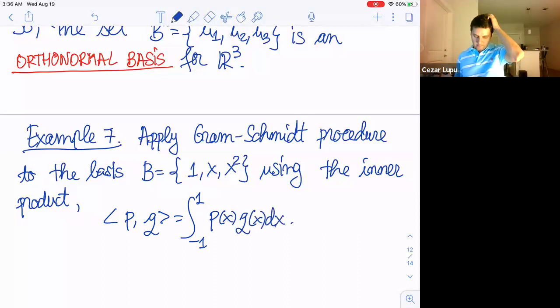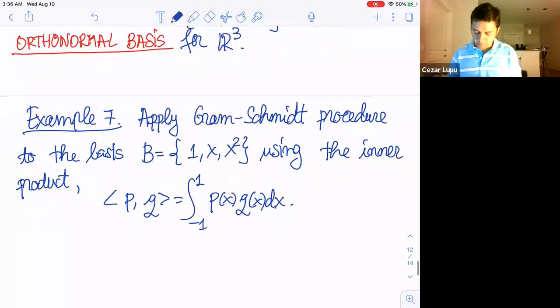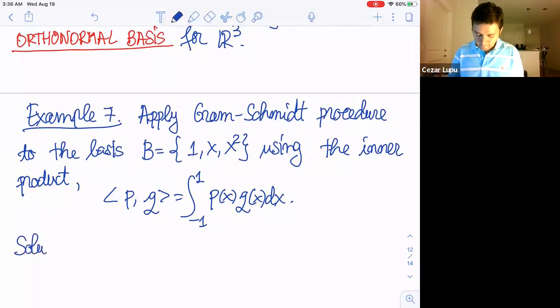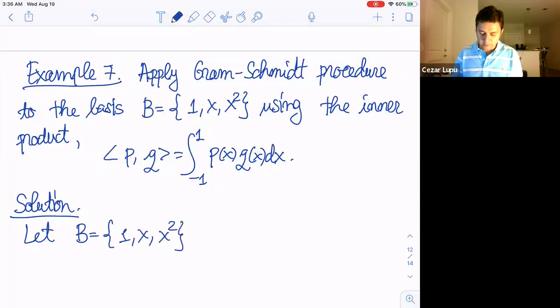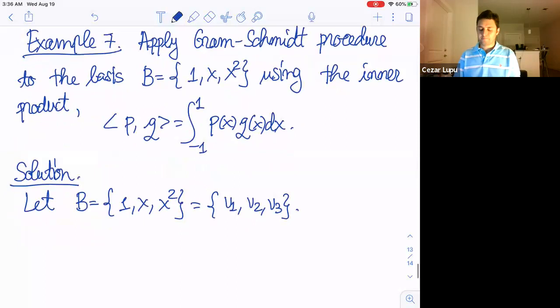Okay, great. So let's start with this basis, 1, x, and x squared. So these will be my vectors v1, v2, and v3, right? Okay, great.